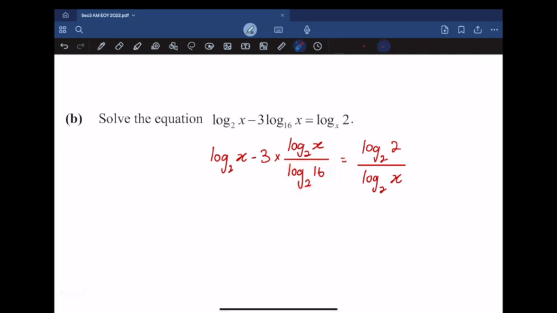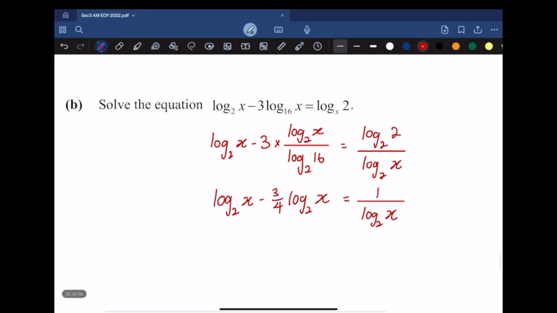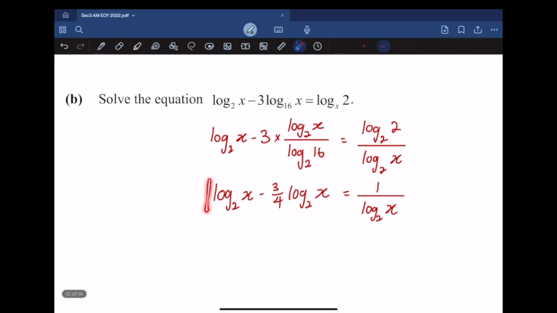Log base 2 of 16 is simply 4. So this will be log base 2 of x minus 3 over 4 log base 2 of x equals, log base 2 of 2 is 1, over log base 2 of x.